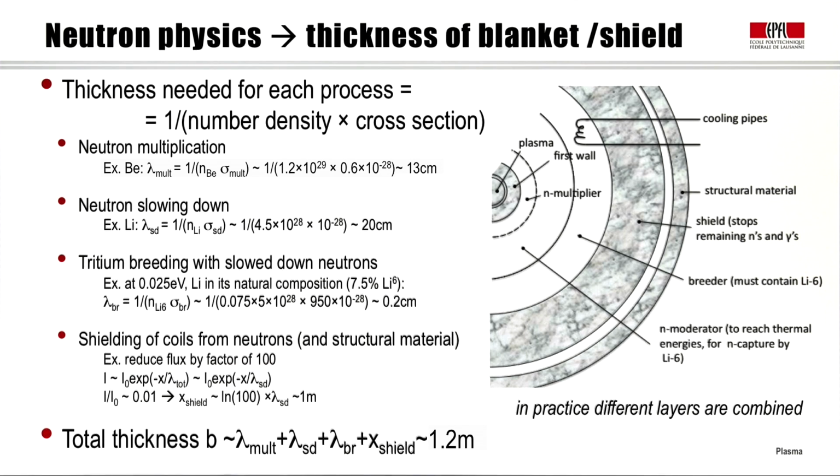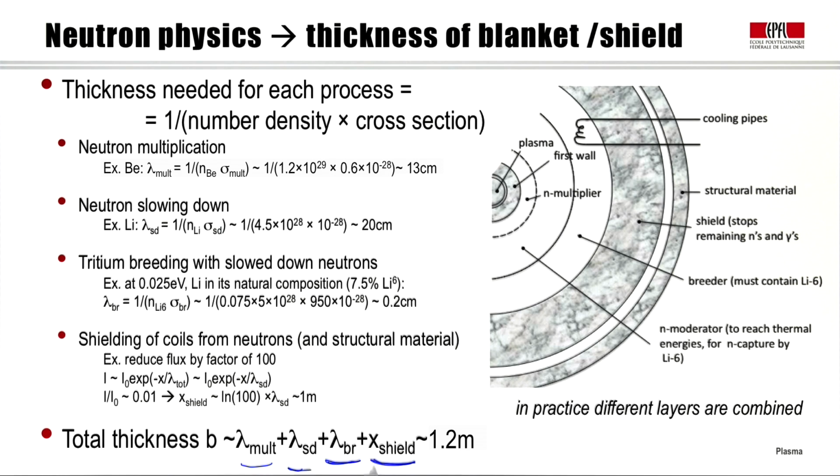The total thickness is therefore equal to the thickness required for multiplying neutrons, only a few centimeters. The thickness required to slow down neutrons, that's significant, it's about 20 centimeters. The thickness needed to breed tritium with the slowed down neutrons, and that's almost negligible, it's a fraction of a centimeter.